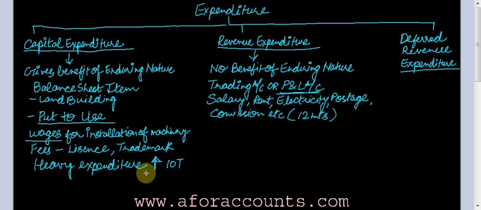Now I am putting in some parts which will help me increase the production to say 15 tons in a day. So the efficiency of the machinery has increased, so all the expenses relating to turning this 10 tons to 15 tons will be capital expenditure.